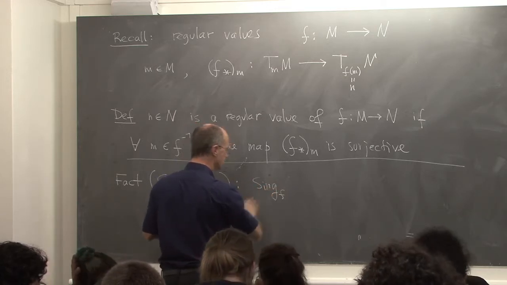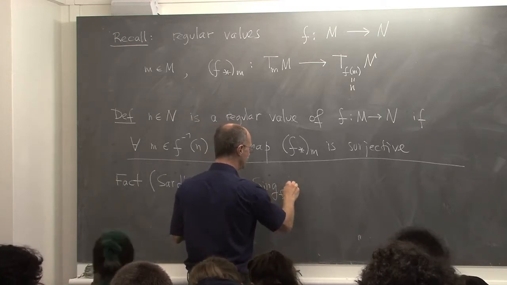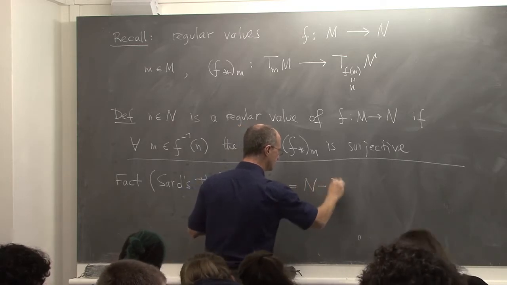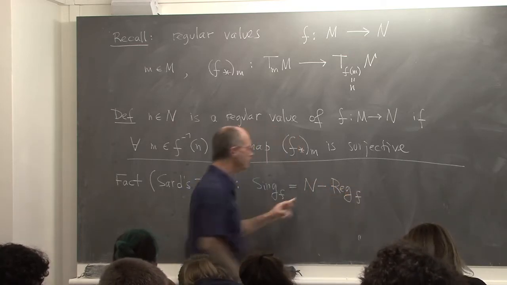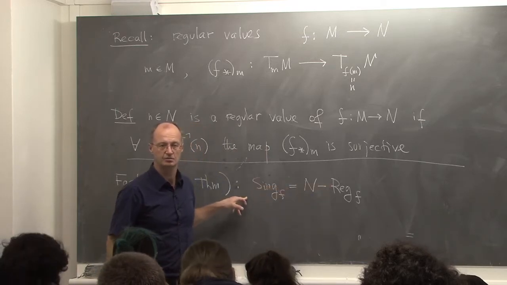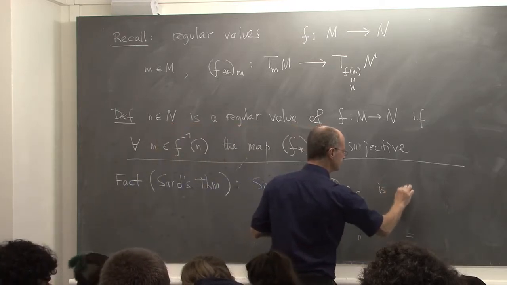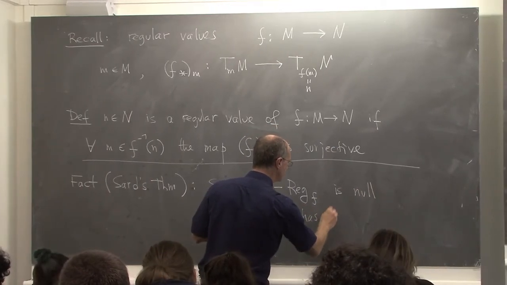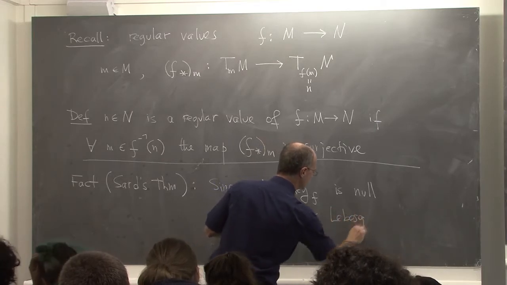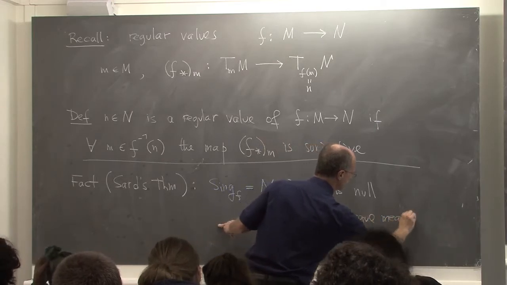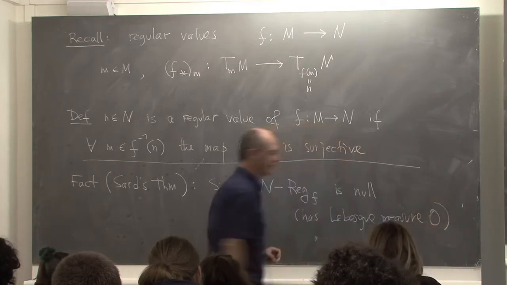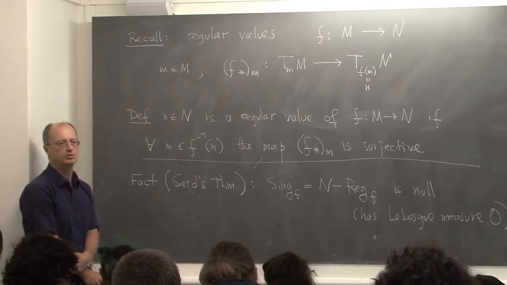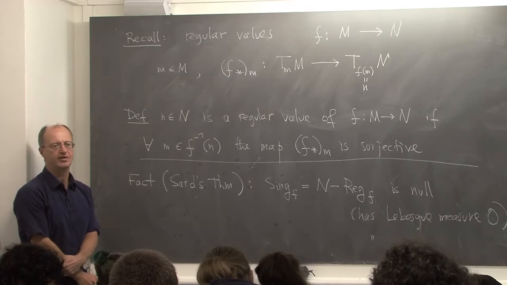Which says that singular values, which is the complement of regular values, is null in the sense of Lebesgue measure. Right? So this singular set is very small. The set of regular values is huge.